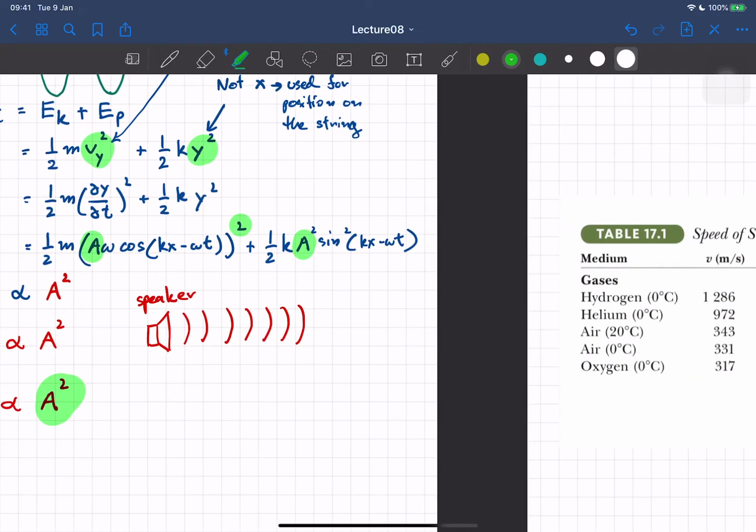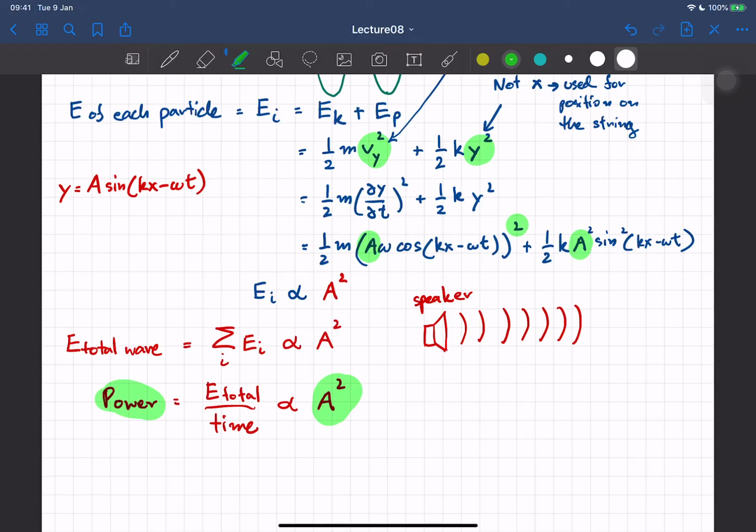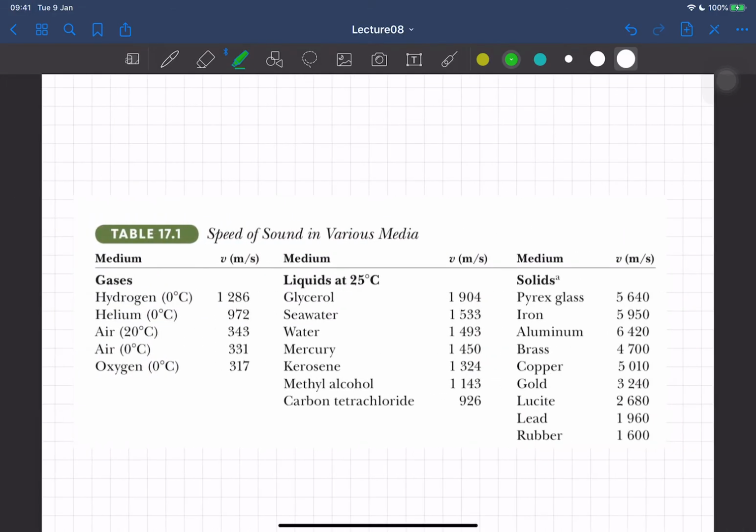Okay, so next thing I want to talk about is the speed of sound. So the speed of sound, I mentioned a little bit last time already. It depends on what kind of medium that you have your sound wave in. And the most common value that you should know is for air. And that's about 331 meter per second. So most of the time, you can use the speed of sound in air, roughly about 330 to 340 meter per second.